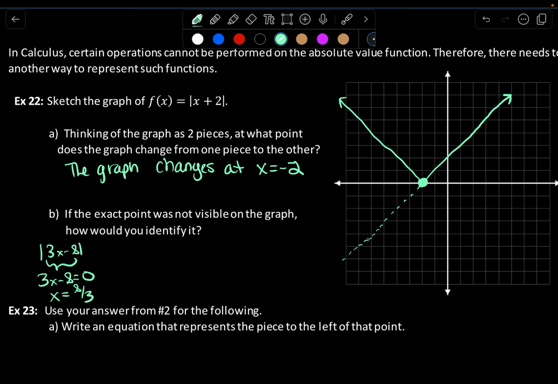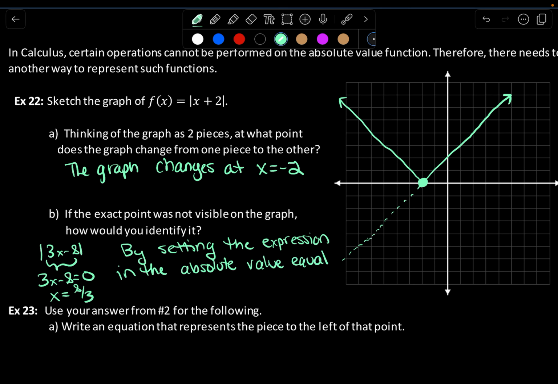So whatever is on the inside of the absolute value, set it equal to 0 and solve for x. So by setting the expression in the absolute value equal to 0 and solving for x.